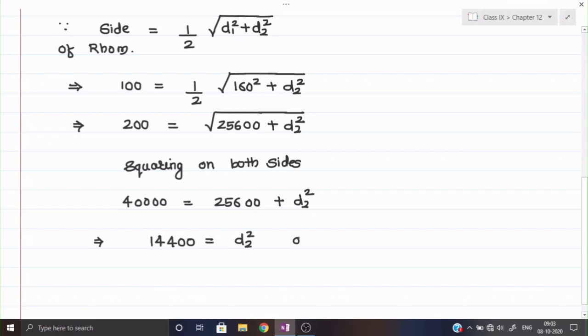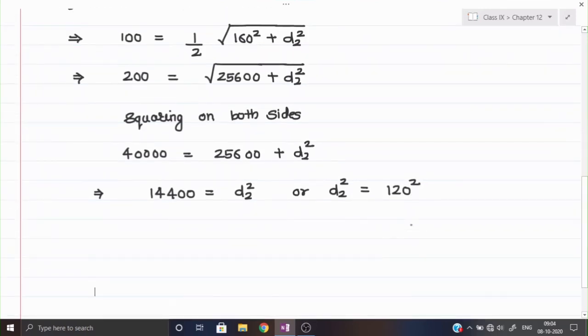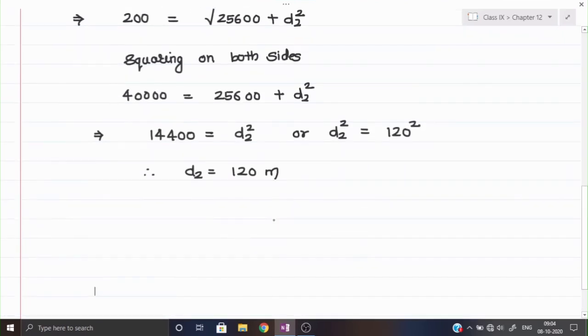We can say that the square of d2 will be equal to the square of 120, because 144 is the square of 12 and 2 zeros are coming, so we can put 1 zero over there. If I remove the squares, I can say that the value of d2 is equal to 120 meter.